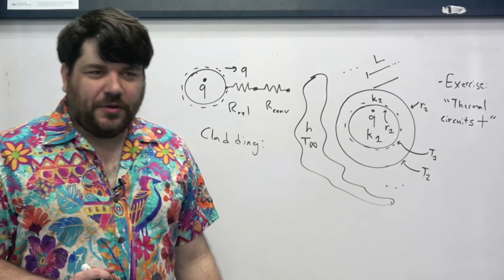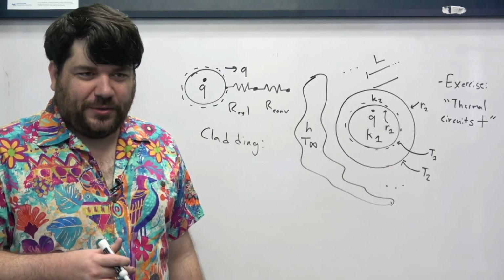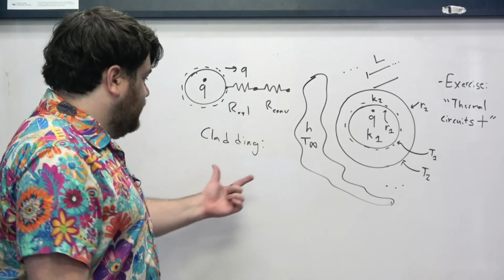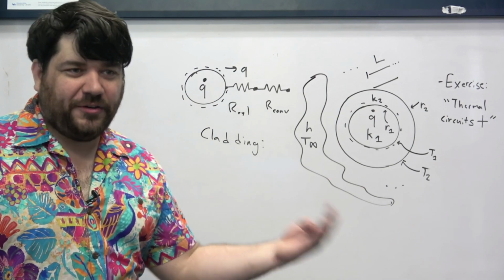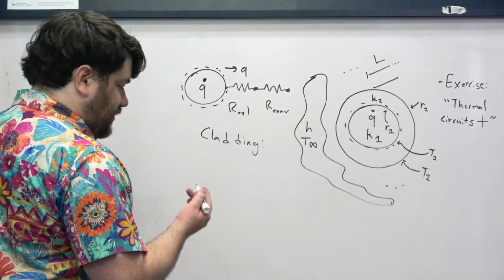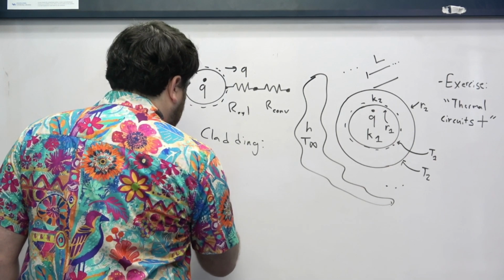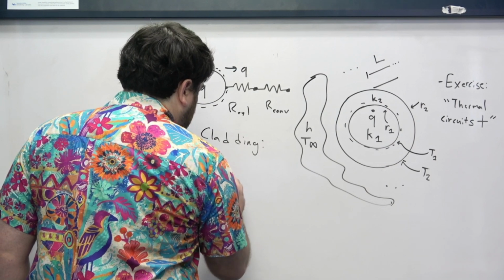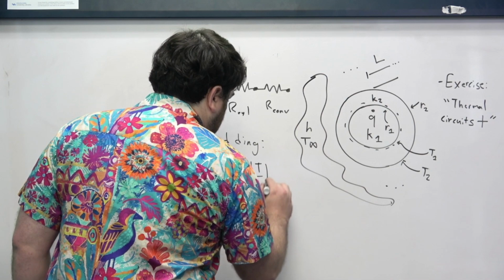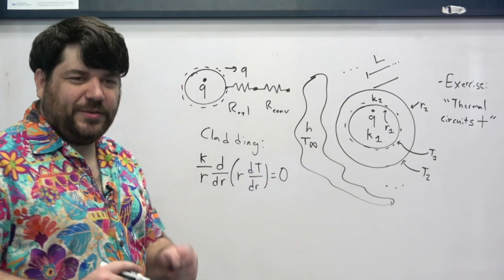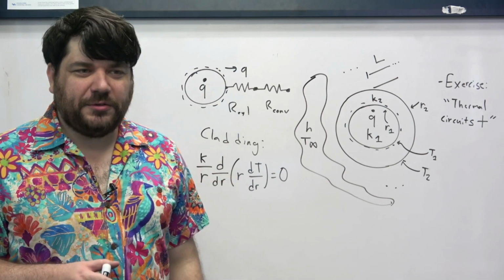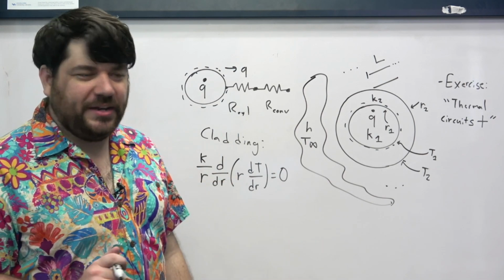In the cladding, all four assumptions that we use to construct thermal circuits are true. And those same four assumptions led us to express in cylindrical radial coordinates that the heat equation simplifies into something that looks like this. So this is what we found when we applied those four assumptions for a cylindrical system where the heat transfer is happening only radially.